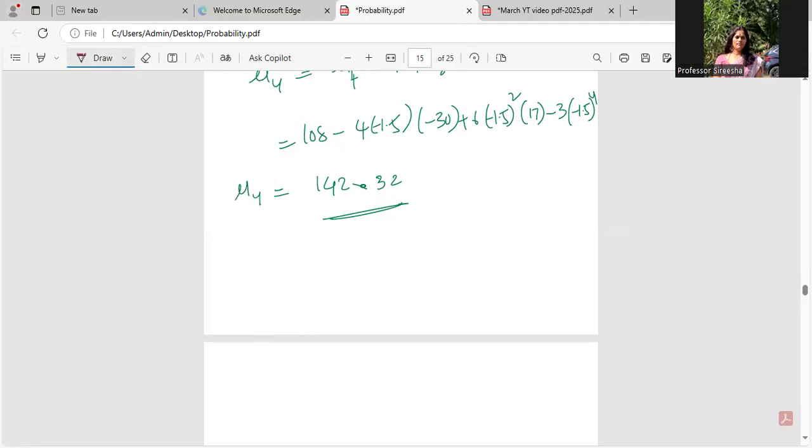What is beta 1? The formula is very easy to remember.